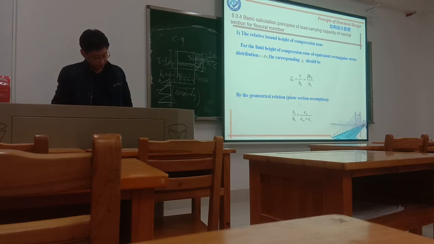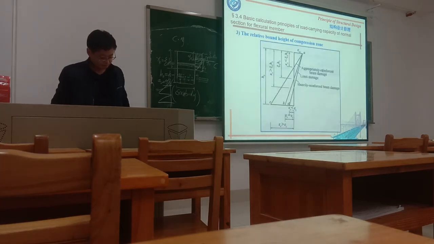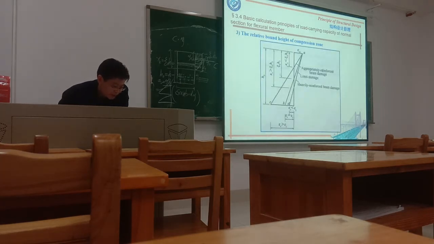So now XB divided by H0, we can replace it by this. From this geometry, why can we use this? We see this figure: ξB multiplied by H0 equals XB, and H0 is this.